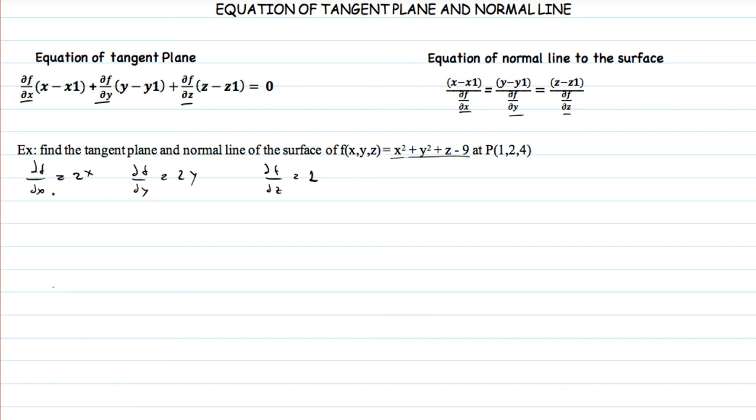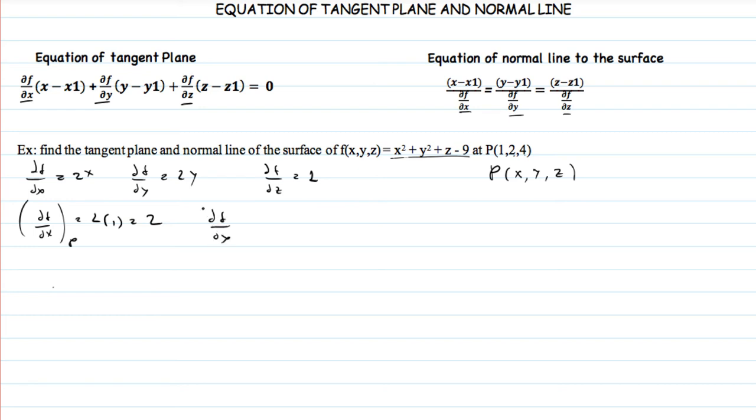Now we have to find the value of these partial derivatives at the given point. Whenever you have a point like this, you should know that the first coordinate is the x coordinate, the second is y, and the third is z. So we have x1, y1, z1. The partial derivative with respect to x at that point P is 2 times the x coordinate, which is 1, so we have 2.